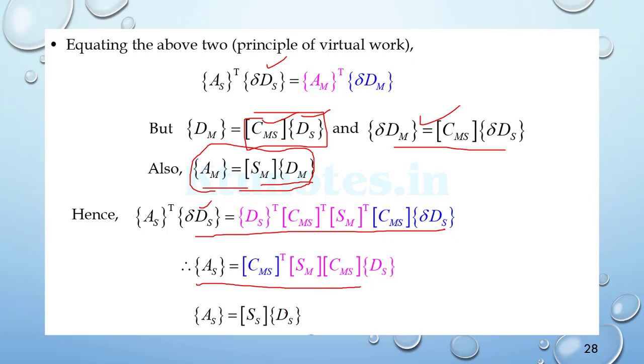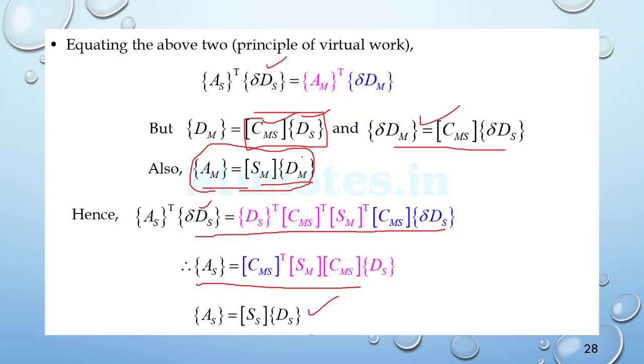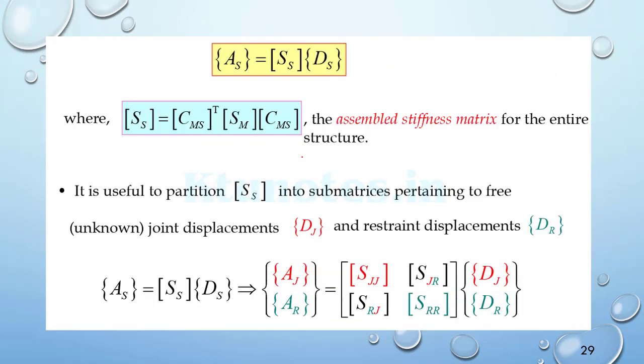So AS is equal to SS into DS is the obtained equation, where SS is equal to CMS transpose into SM into CMS, the assembled stiffness matrix for the entire structure.